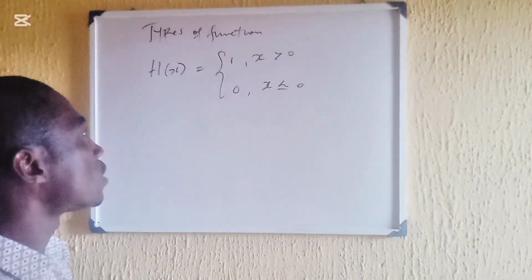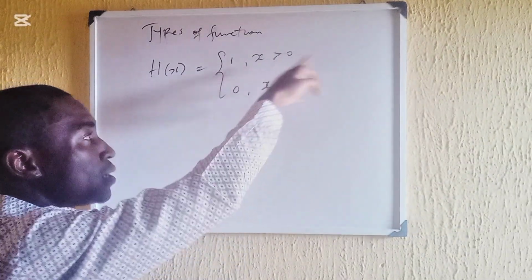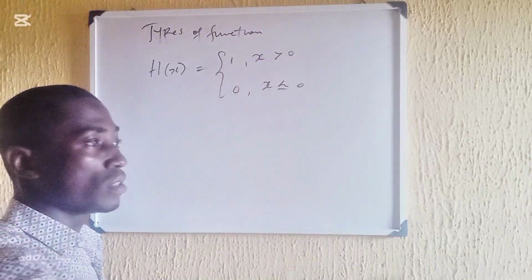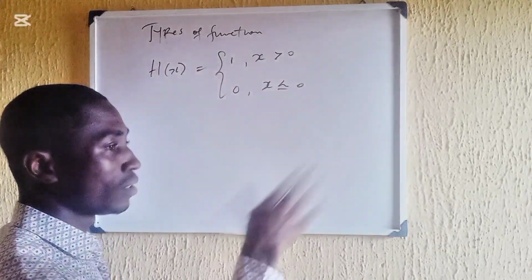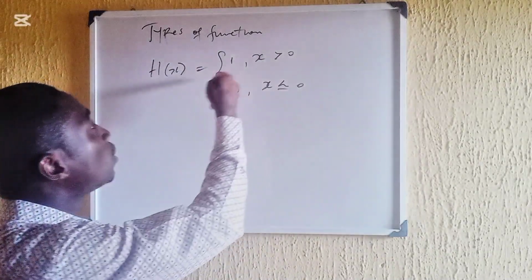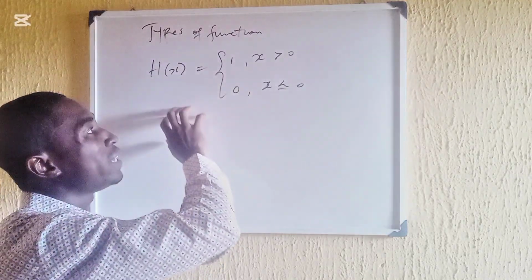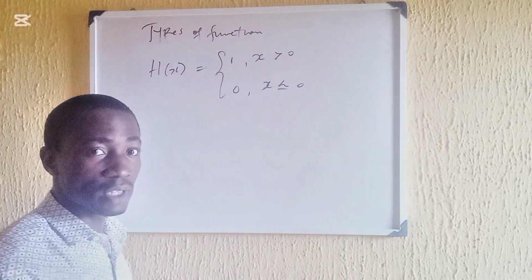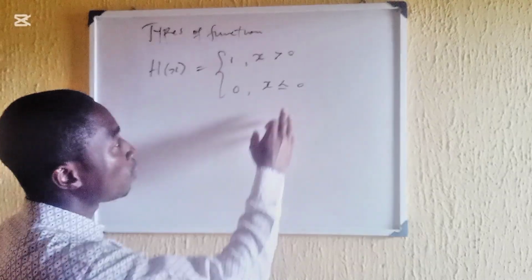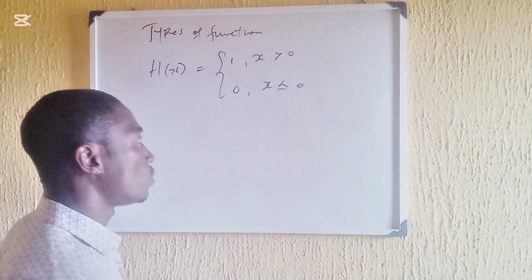So what this means is that when x is greater than 0, that means 1, 2, 3, 4, whatever, as long as it's greater than 0, the Heaviside function is equal to 1. But when x is less than or equal to 0, the Heaviside function is equal to 0.